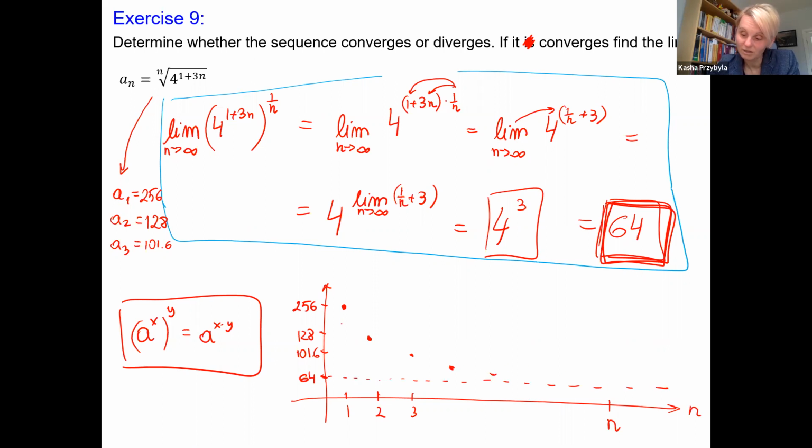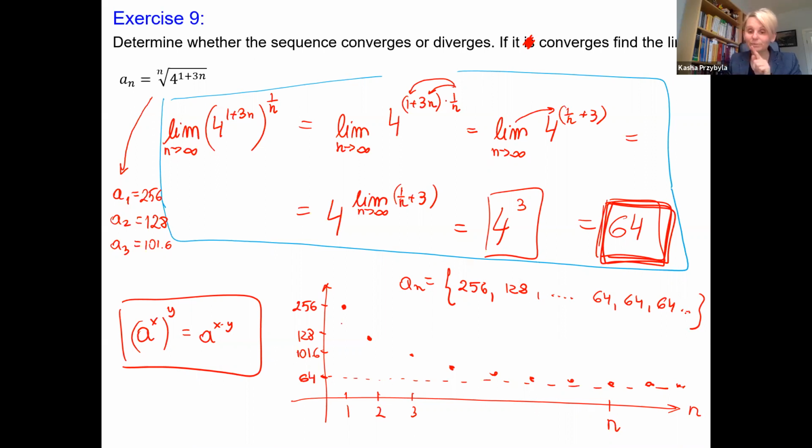The terms are getting smaller and smaller, but as n increases, all of them will be closer and closer to 64. Makes sense? That we know what the 64 means. If I have to list the terms, I will say 256, 128, and then almost 64, almost 64, almost 64. Makes sense?